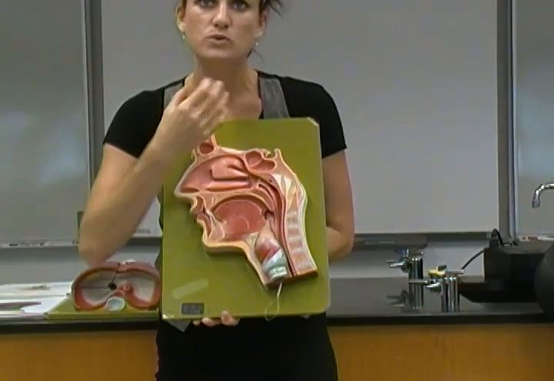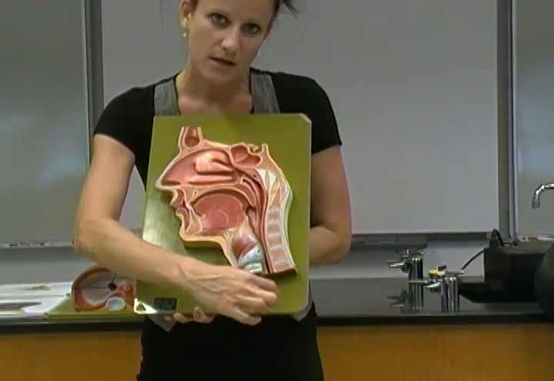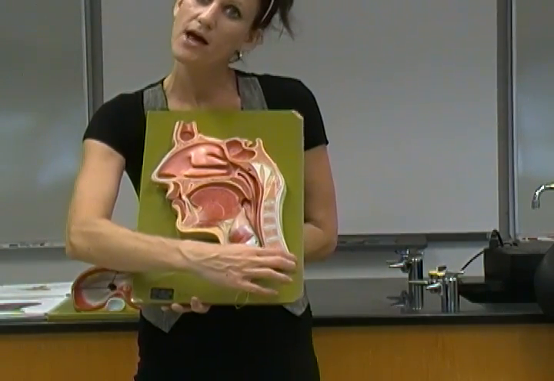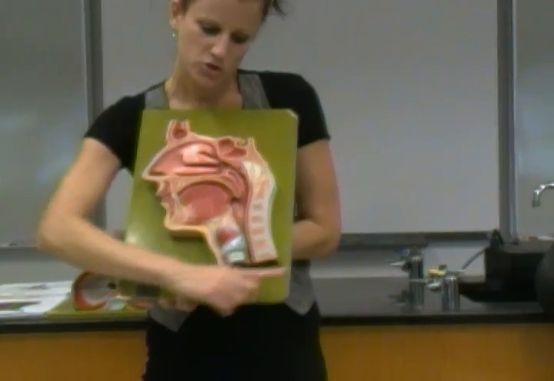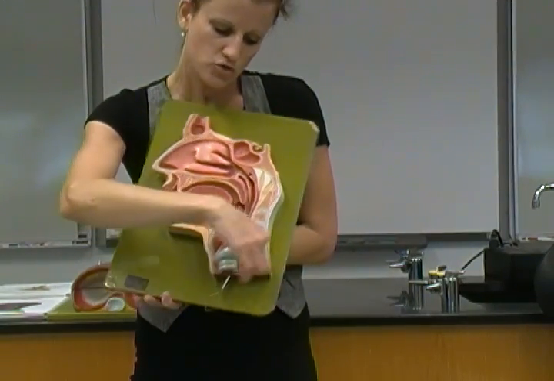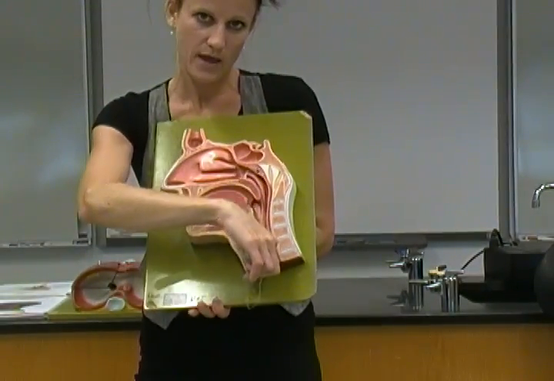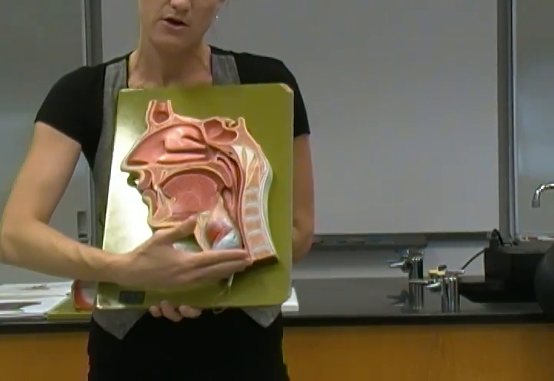So when we swallow a big bolus or a big bite of food down the esophagus, it has to stretch out to make room for that food. It can't open up or stretch backwards because that's where the vertebrae are. So it has to stretch out forwards. That bolus of food pushes forwards into the trachea area.